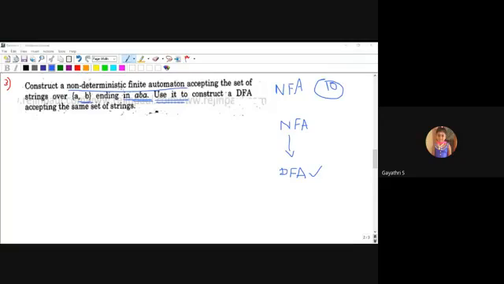Actually, this is the typical NFA to DFA conversion problem.